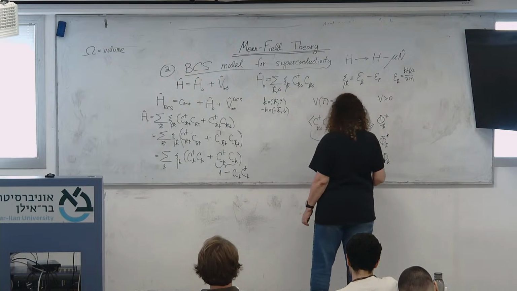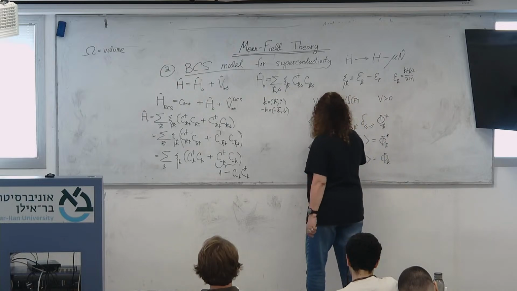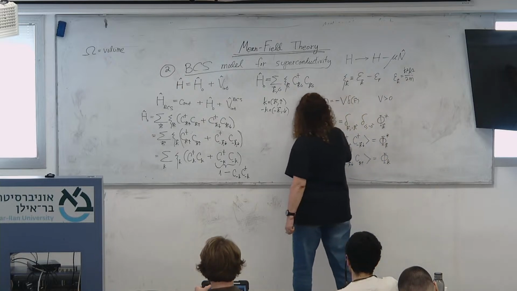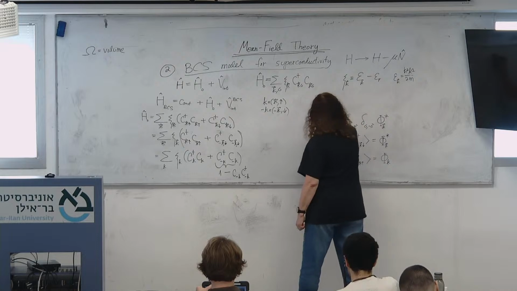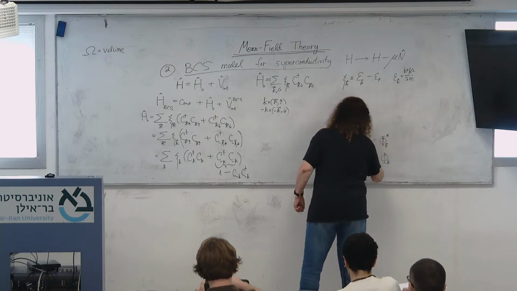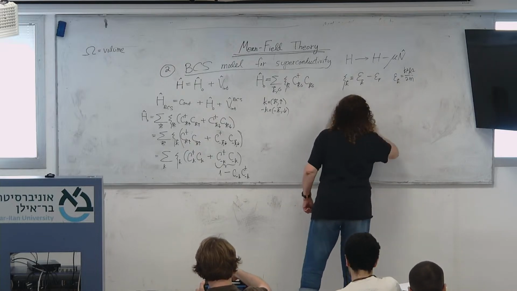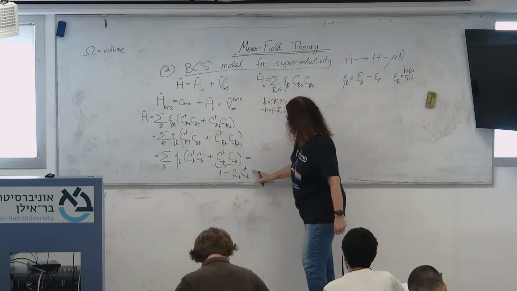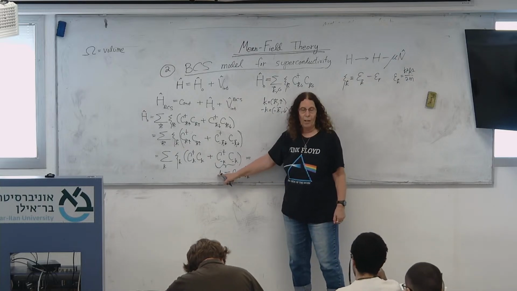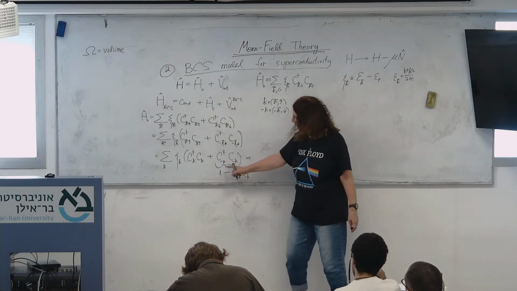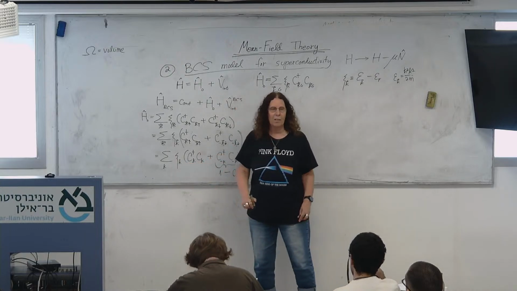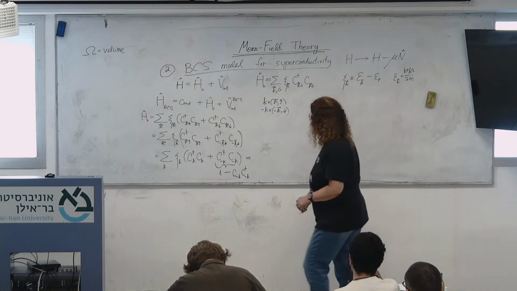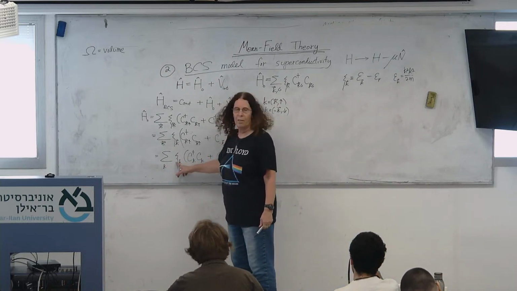Now, what does it give me? The one is not an operator, just 1 times psi, so I get some correction to the constant, which is a sum over k of the psi k.